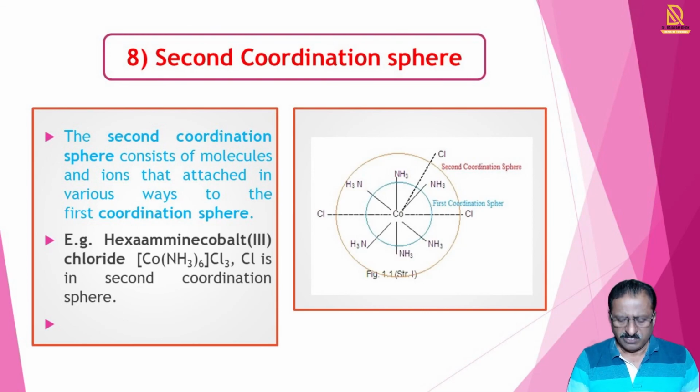So in this way there are two terms, first coordination sphere and second coordination sphere. When we study any coordination compound, we have to see which ions are present in the first coordination sphere or in the second coordination sphere.